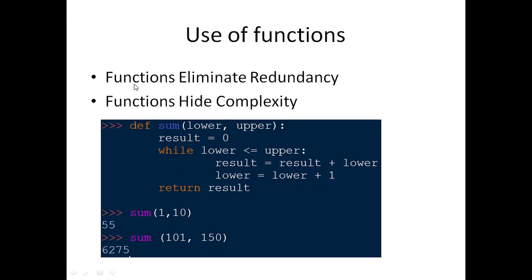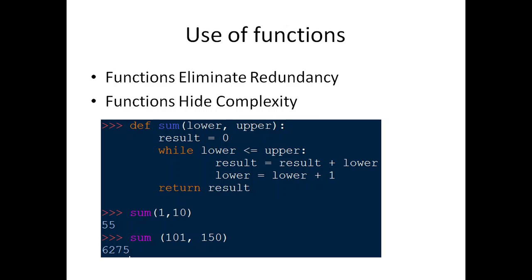What happens is this function eliminates redundancy. That is, if we want to find the sum between two numbers in several parts of the program, say at one part we want to find the sum between 1 and 50, and in another part we want the sum between 100 and 150, then if you are not using this function, you have to write the same code, this while lower to upper code, repeatedly in those areas.